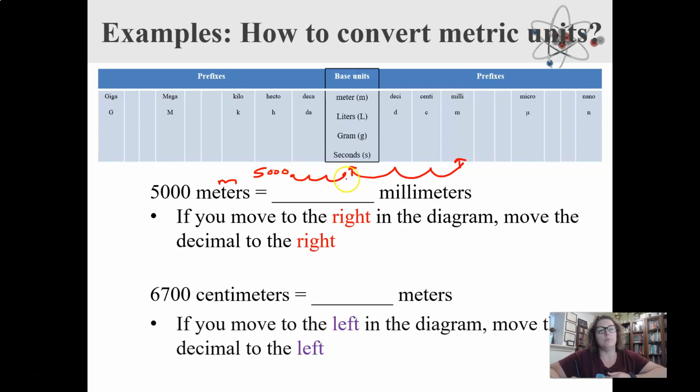And in between these waves, you're going to add zeros. So 5,000 meters just became 5 and 6 zeros millimeters. Now, I don't ever have my students write numbers this big. We do scientific notation. So really what you have is 5 million. Okay, and you can add the commas if you want.